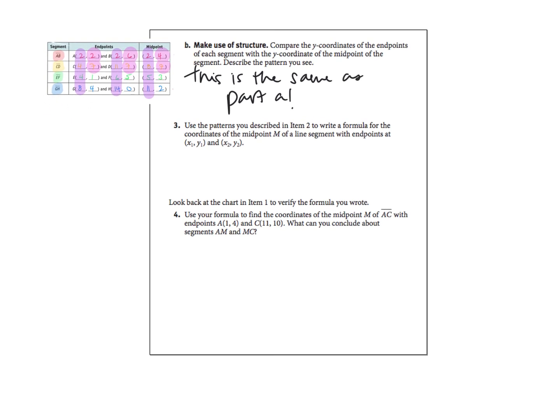Let's say we generically know x1, y1, and x2, y2. We talked about how the midpoint's x coordinate is the two x values, x1 and x2, added together and divided by 2. The y coordinate, again, is the y values added together and divided by 2. We want to make sure we have a comma in between and parentheses because this represents a point.